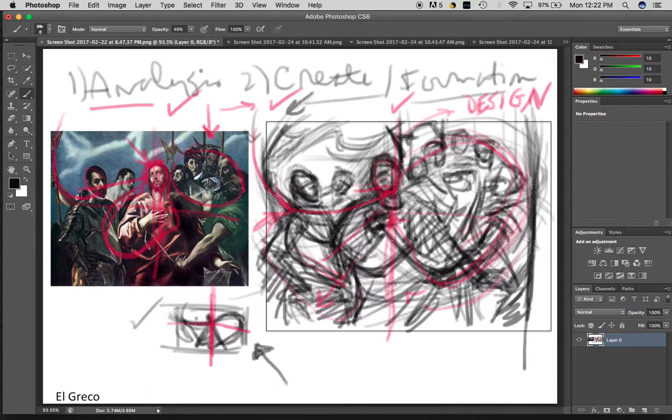Now, you could leave this study like this, or if you wanted to take more time and say, okay, I want to spend 10 minutes, 15 minutes, or another hour just kind of rendering out the value pattern of this, you could do that. And so if I did just a little bit more, I might start to just think very, very simply in terms of shadow tones where things are flowing to.